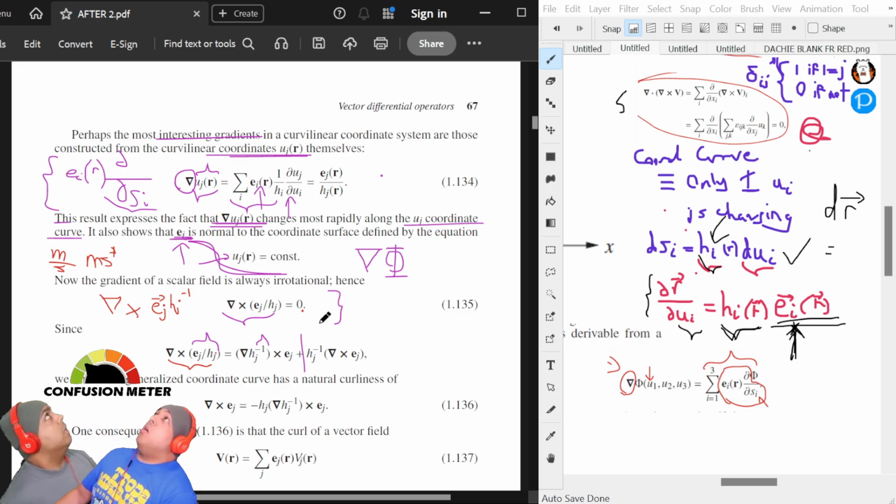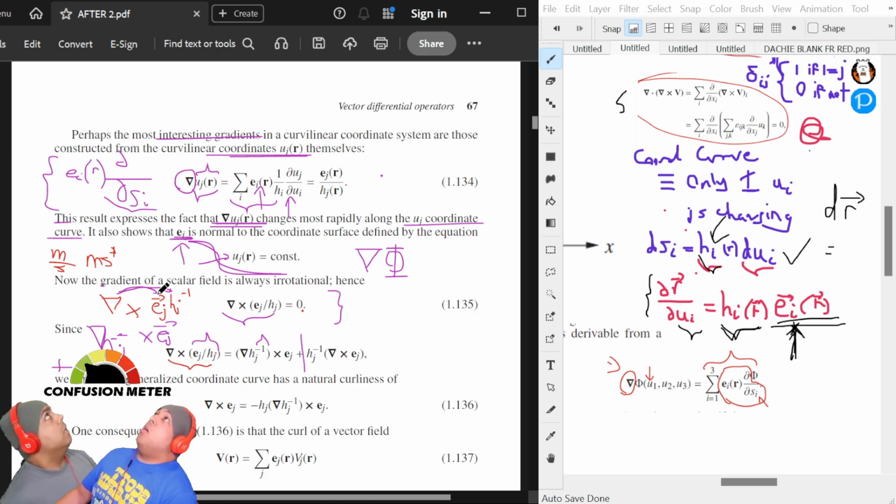During all of this, nothing really happens with the cross. You still need to cross afterwards. Okay, this goes into this, so you get del HJ -1. And then we're left behind with EJ, with the arrow.